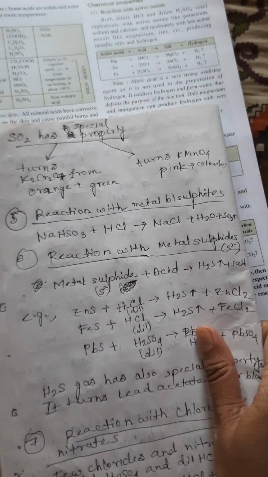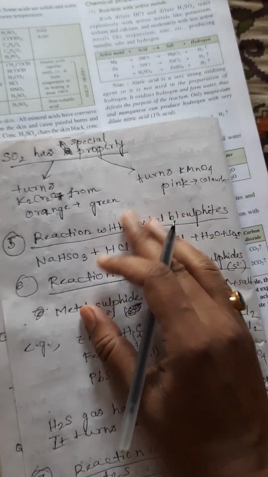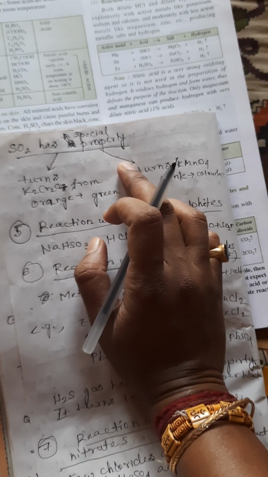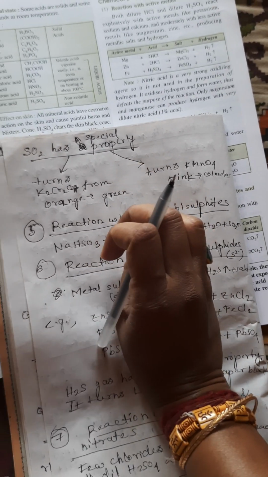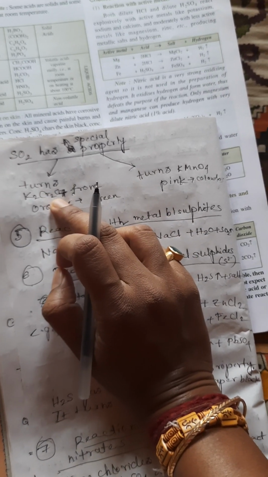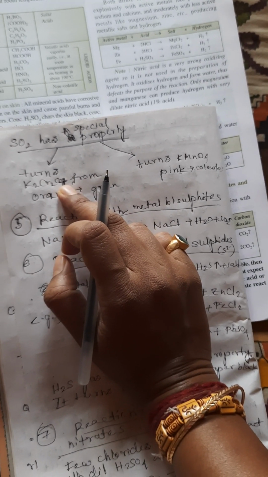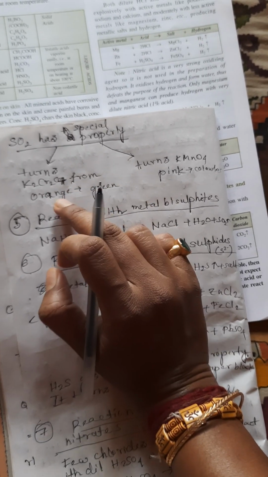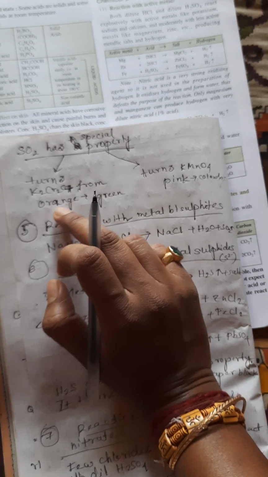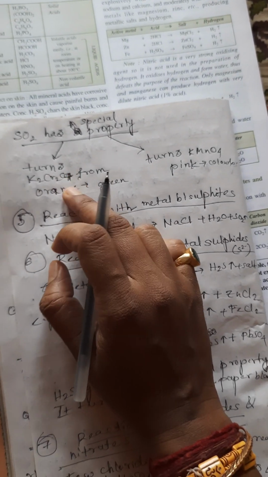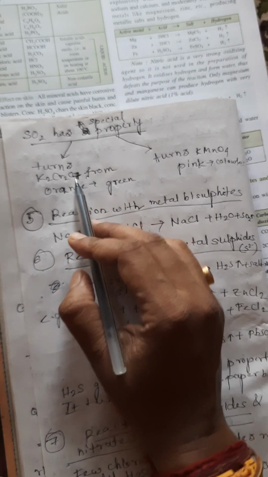But how will you identify this sulfur dioxide gas? Sulfur dioxide gas has special properties. When sulfur dioxide is passed through potassium dichromate, K2Cr2O7, what is the color of this solution?